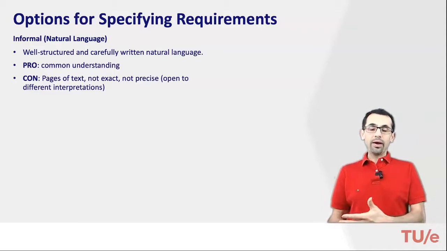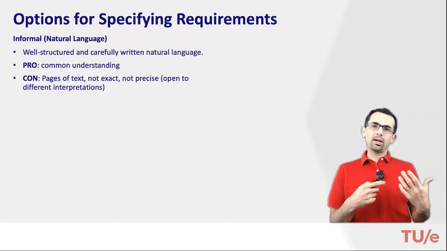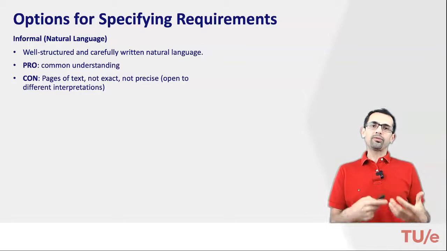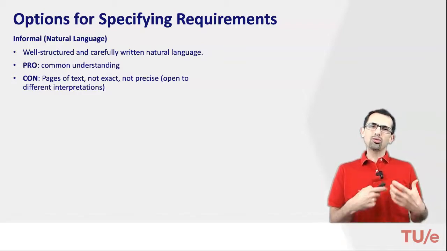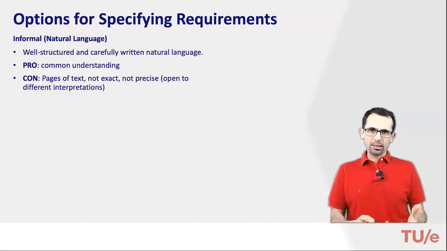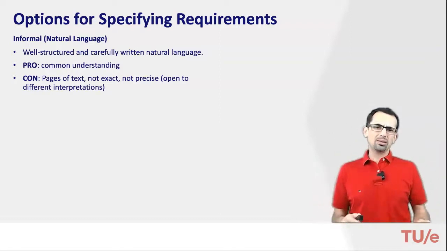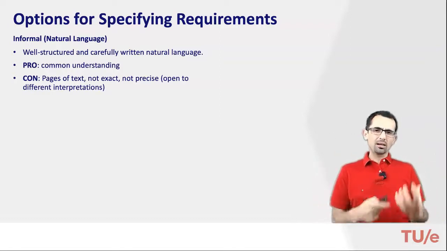But the disadvantage is that natural language is known to be open to different interpretations, and to inherently have some sort of ambiguity in it. And nobody wants to read hundreds of pages anyway, so it's not exact, it's not precise at all.